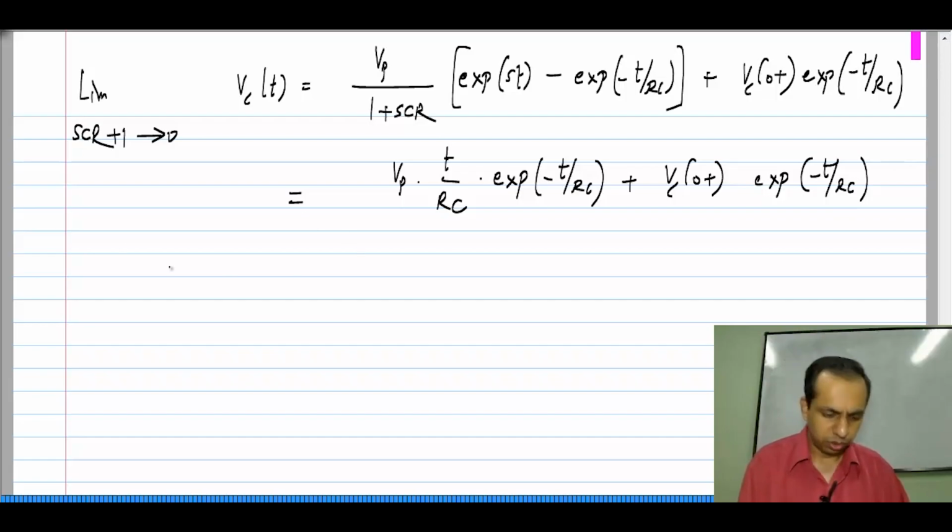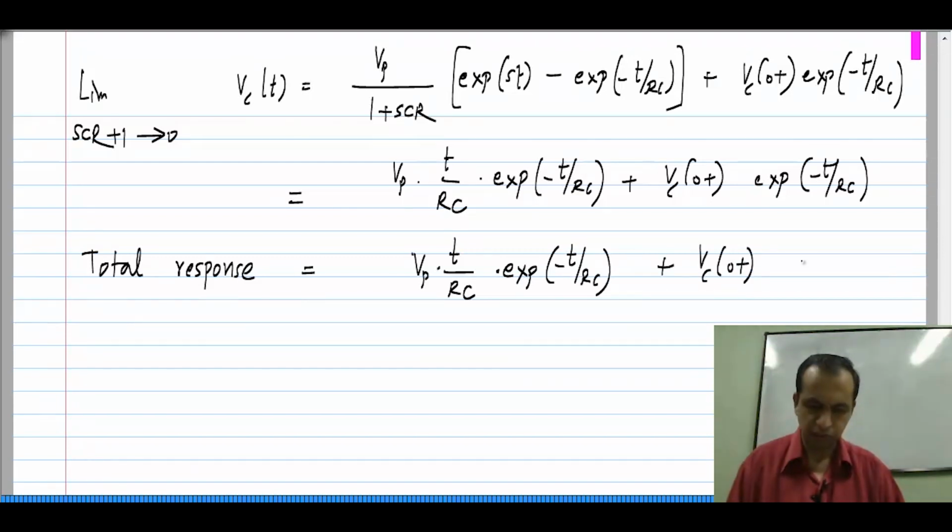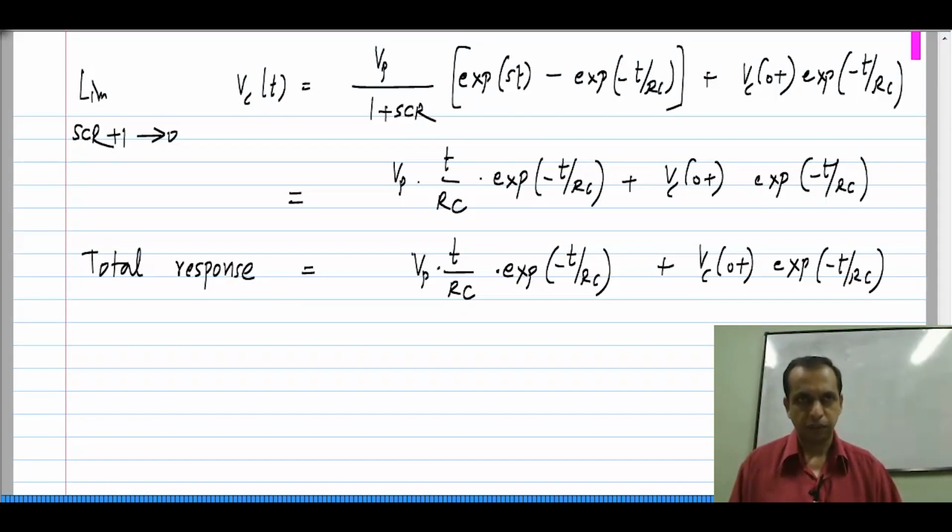So, the total response equals Vp times T by Rc exponential minus T by Rc plus Vc of 0 plus exponential minus T by Rc.